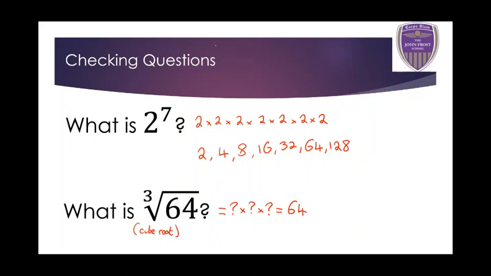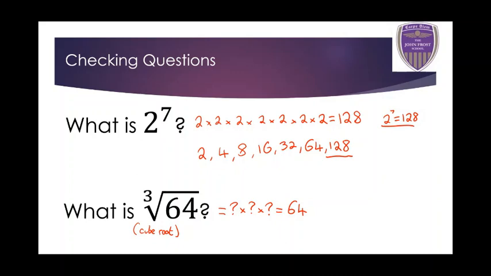Okay, so I've just times 2 by 2 7 times. I've got 2, 4, 8, 16, 32, 64, then 128. So 2 times 2 times 2 times 2 times 2 times 2 times 2 is 128. So 2 to the power of 7 is 128.